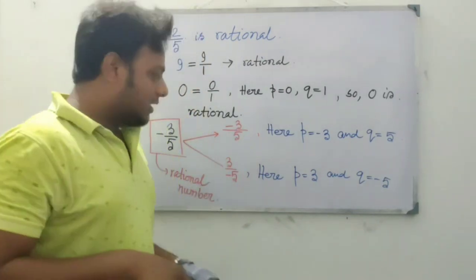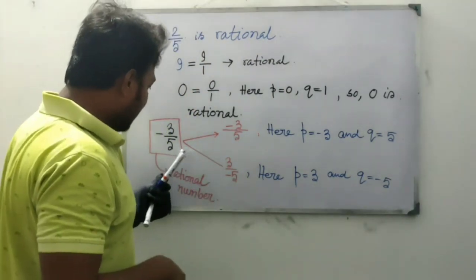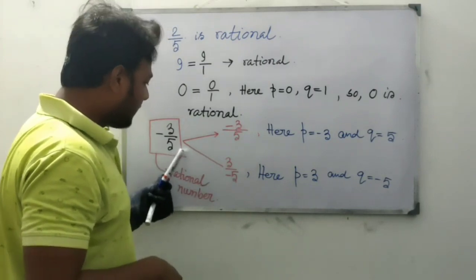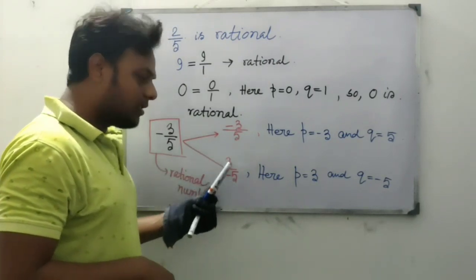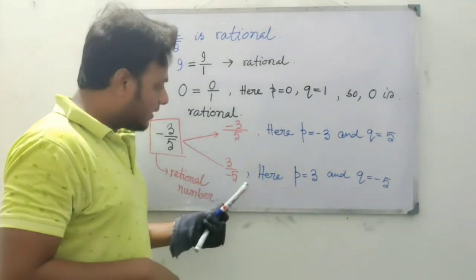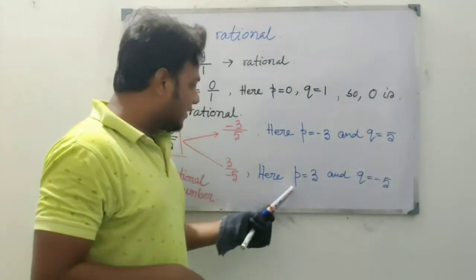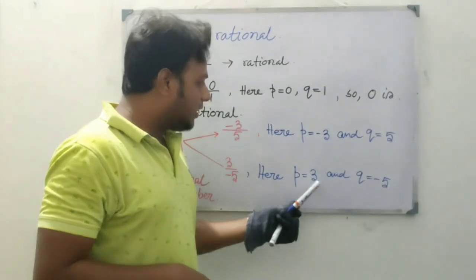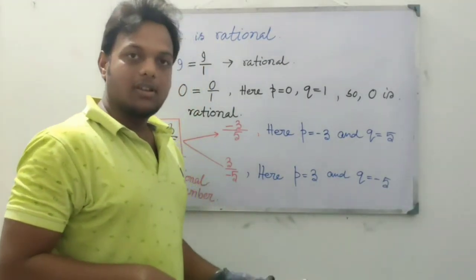Another student, suppose he has expressed minus 3 by 5 into this 3 by minus 5, it is also true, then his answer will be p equals 3 and q equals minus 5.